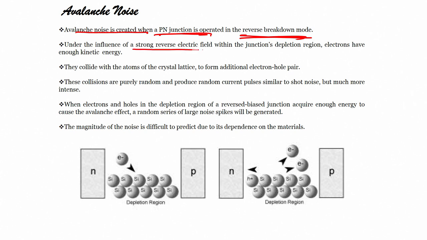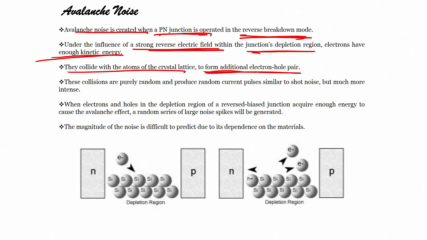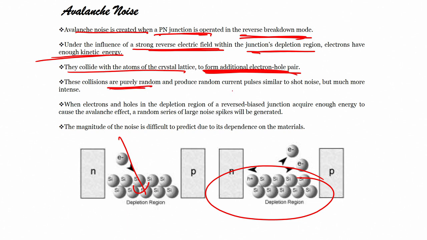Under the influence of a strong reverse electric field within the junction depletion region, electrons have enough kinetic energy that they collide with atoms of the crystal lattice, dislodging further electrons and forming additional electron-hole pairs. These collisions are purely random and produce random current pulses similar to shot noise, but much more intense.